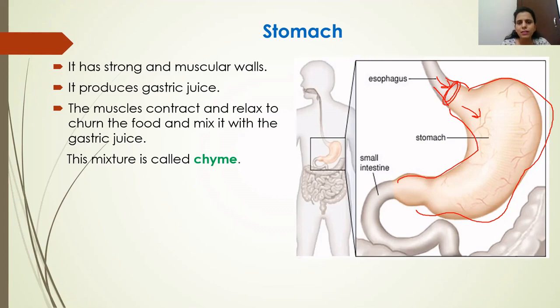The function of these muscles is to regulate or control the opening and closing of the stomach. So when food comes to the lower end of the esophagus, it is passed on to the stomach with the help of the sphincter muscle.